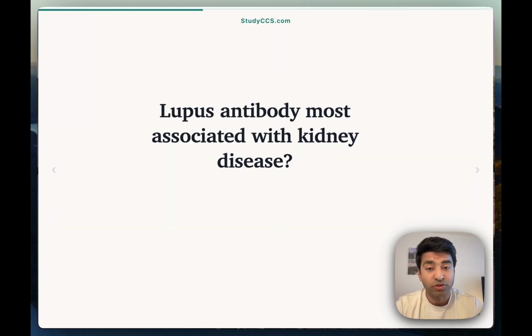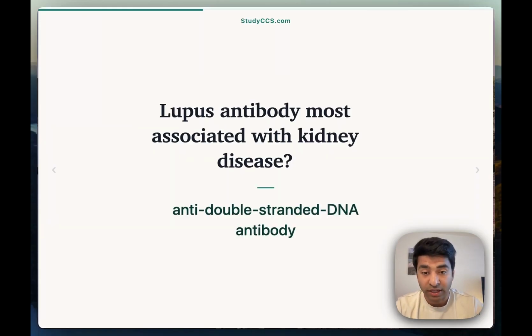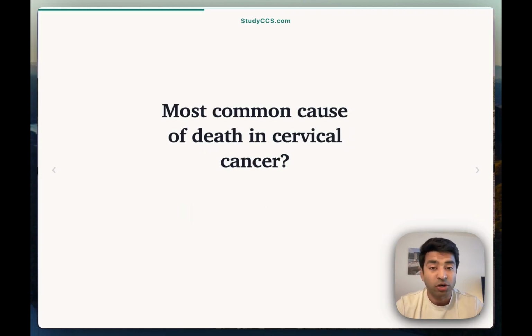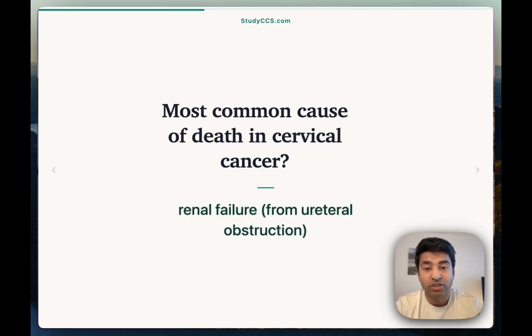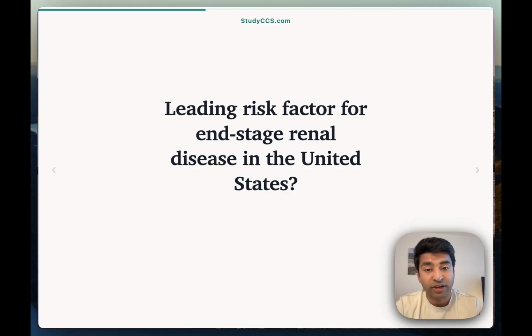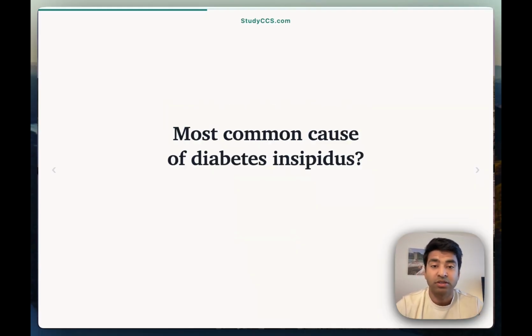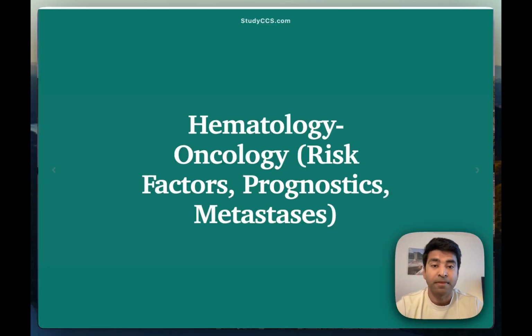Lupus antibody associated with kidney disease is the anti-double-stranded DNA antibody. Most common cause of death in cervical cancer is renal failure from ureteral obstruction. Leading risk factor for end-stage renal disease in the U.S. is diabetes. Most common cause of diabetes insipidus is lithium.